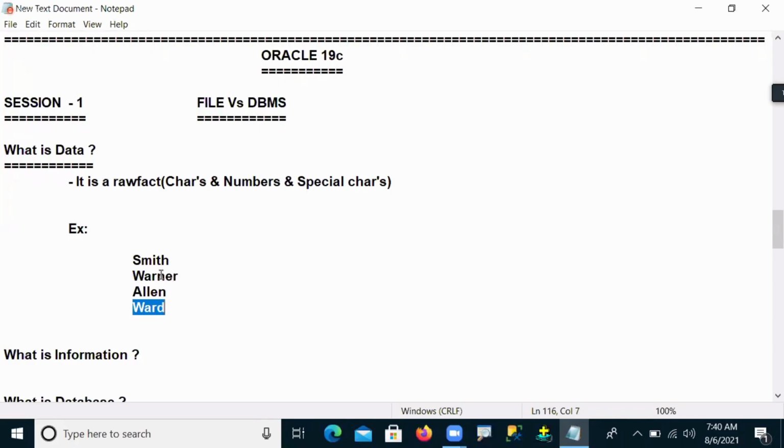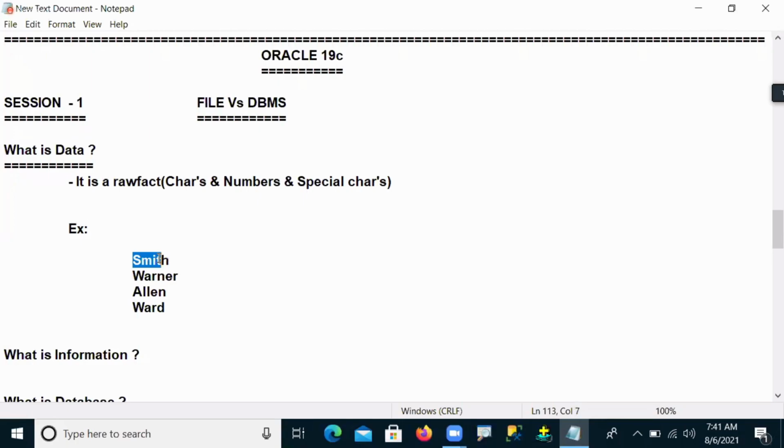We don't know. If I ask what is Smith, Smith could be an employee name, a customer name, a student name, a product name, or a brand name. We don't know exactly what Smith is, but this is called data.